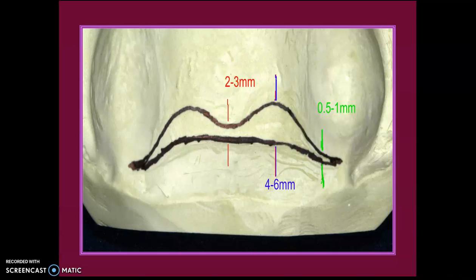See the approximate width and depth of the PPS: 2 to 3 mm, 4 to 6 mm, and the depth almost 0.5 to 1 mm in the cast. Clear? So these are the things regarding the PPS, the posterior palatal area, always called the post dam or posterior palatal seal.